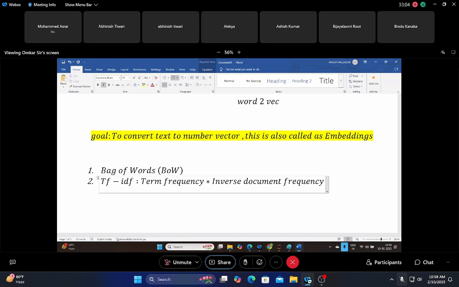Both have some drawbacks. What are the drawbacks? They are not able to identify the contextual meaning and relationship between the words.